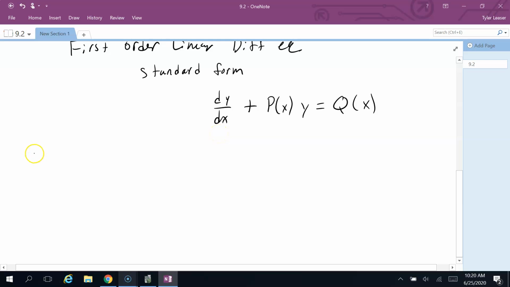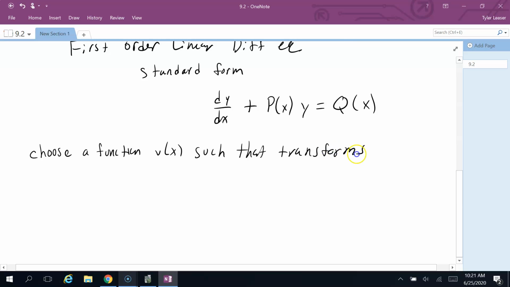What we're going to do is choose a function v of x such that it transforms the left-hand side into the derivative of the product v times y.